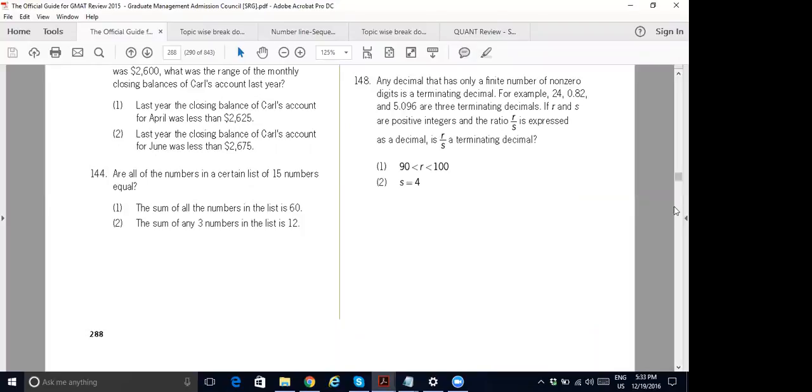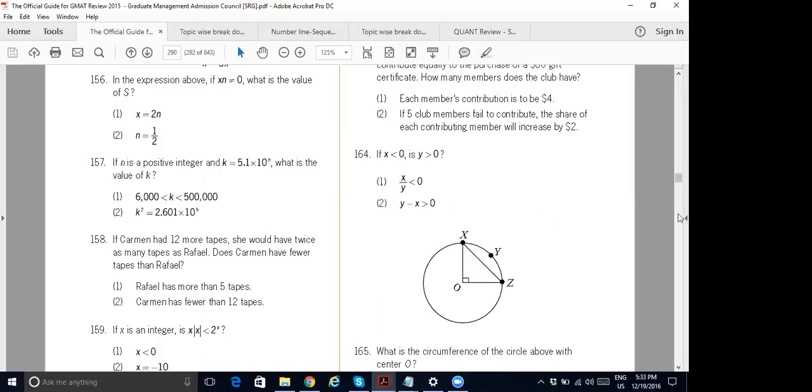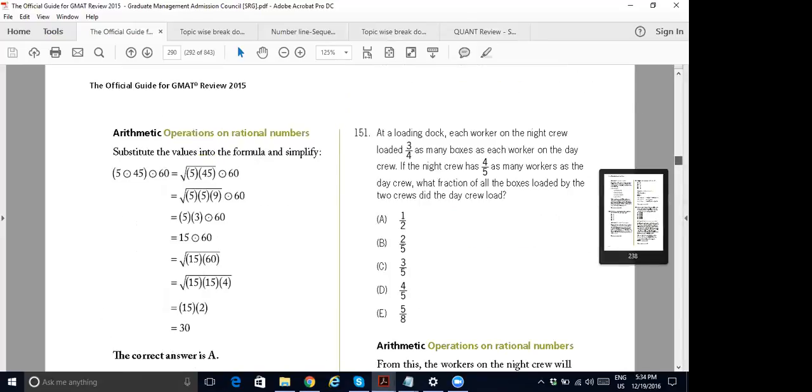Now, okay, a standard question type. Okay, this is data sufficiency.